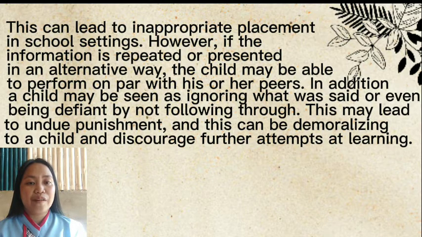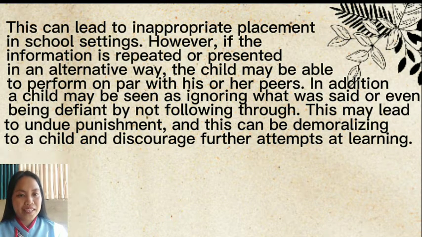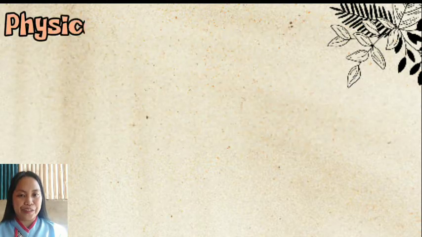However, if the information is repeated or presented in an alternative way, the children may be able to perform on par with his or her peers. In addition, a child may be seen as ignoring what was said or even being defiant by not following through. This may lead to undue punishment, and this can be demoralizing to a child and discourage further attempts at learning.